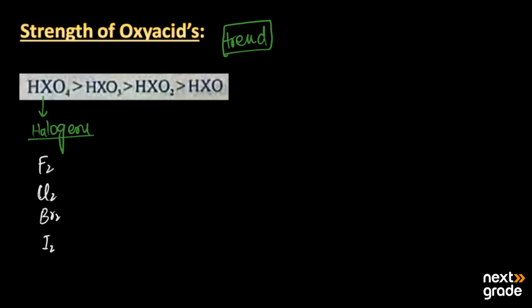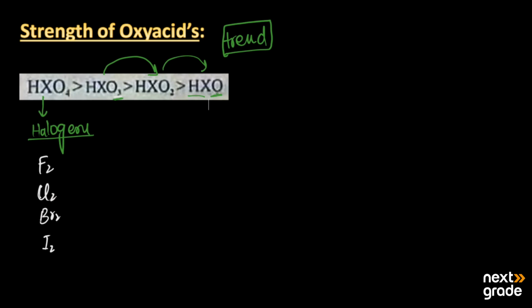And then HXO3, in which there are three oxygen atoms present, is stronger as compared to the acid that is chloric acid. And then the last one is hypohalous acid, which has only one oxygen atom in it. So this was a simple overview about the oxyacids of the halogens.